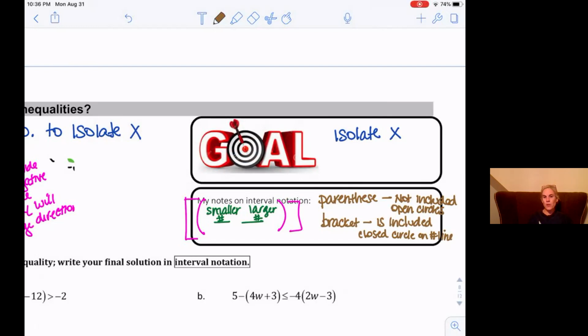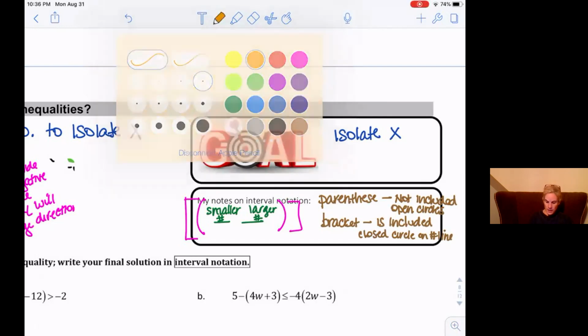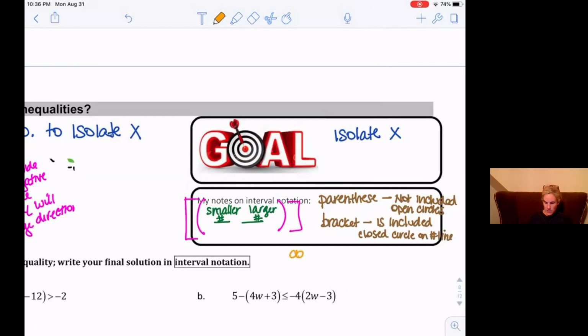And if we are dealing with something that is trailing off to infinity, infinity, whether it's positive or negative, is always not included. So the infinity symbol is always going to have a parenthesis around it.